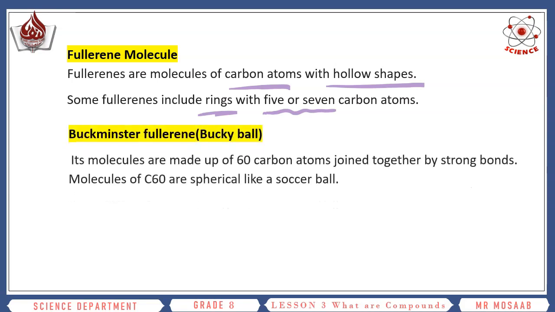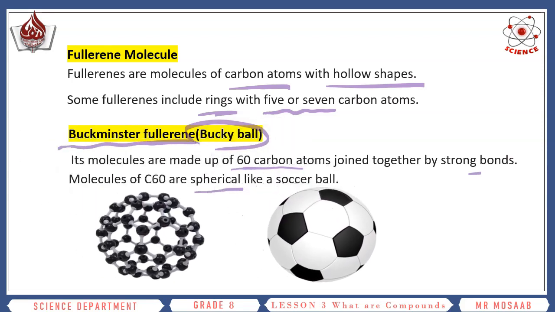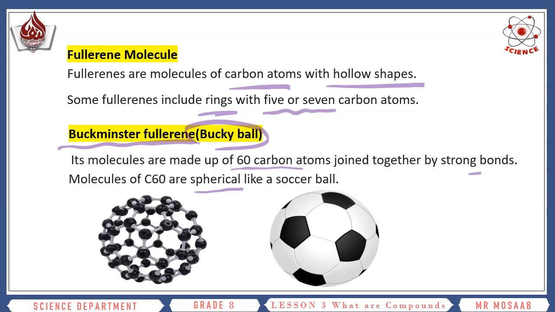But one of them, we call Buckminsterfullerene, or buckyball, is very big, made up of 60 carbon atoms joined together by strong bonds. It's spherical like a soccer ball. As you can see here, there are 60 atoms.